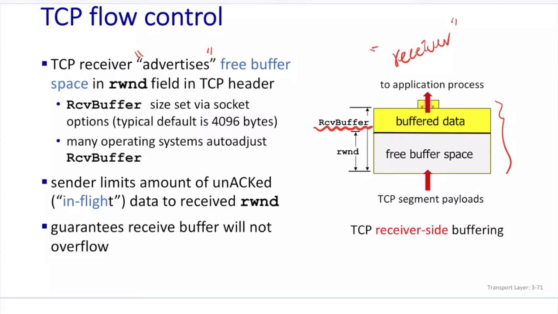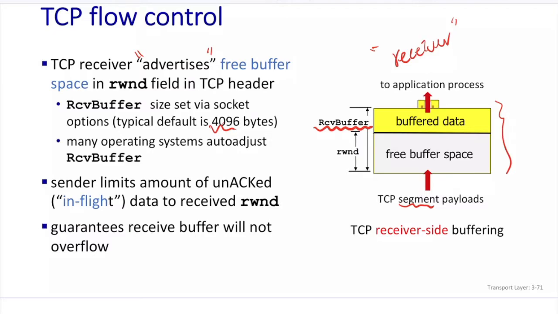That is the total memory allocated by the receiver to receive the segment data. Depending on the operating system, typically the default value is 4096 bytes. So the receiving buffer is limited.